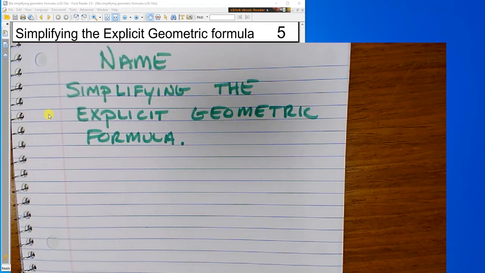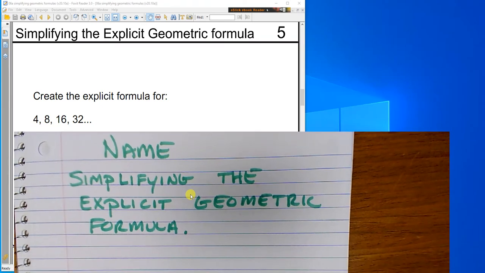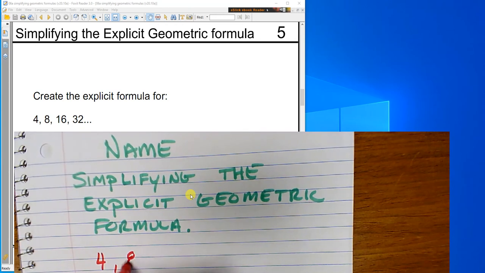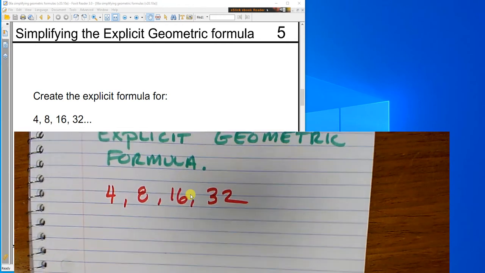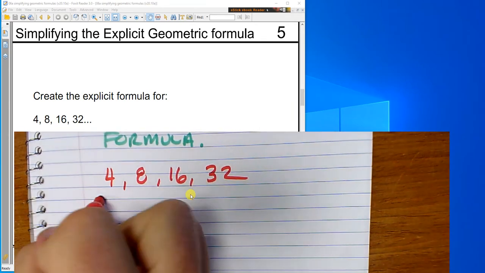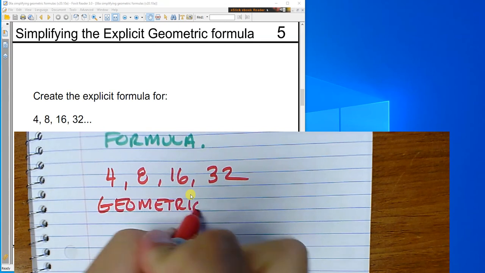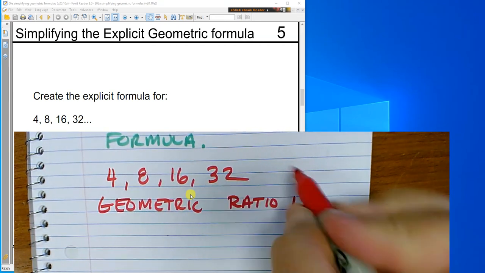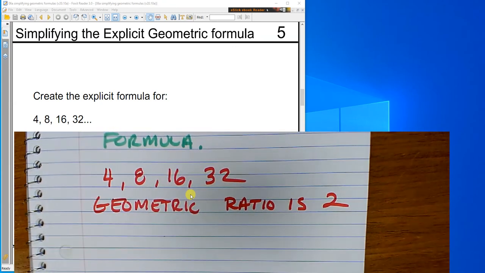So we have a sequence here, 4, 8, 16, 32. And this is geometric. And the ratio is 2. 2 times 4, 2 times 8, 2 times 16, right? 2, 2, 2.